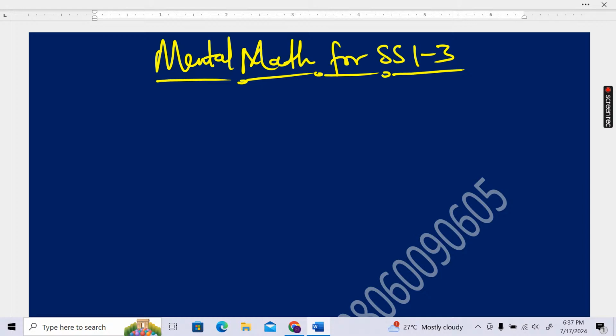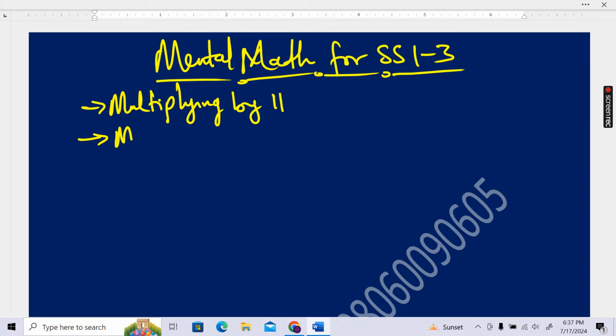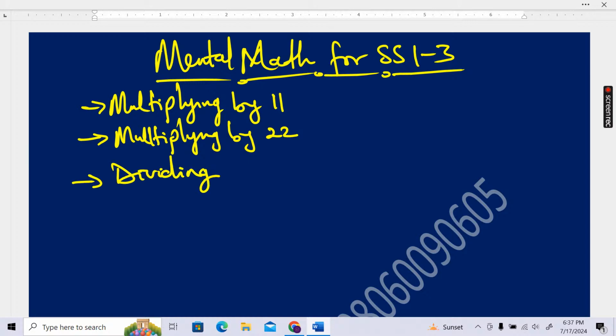We have learned some concepts in the previous class. We learned how to multiply by 11. We also learned fast multiplication, that's multiplying by 22. We have also learned how to divide by 5.